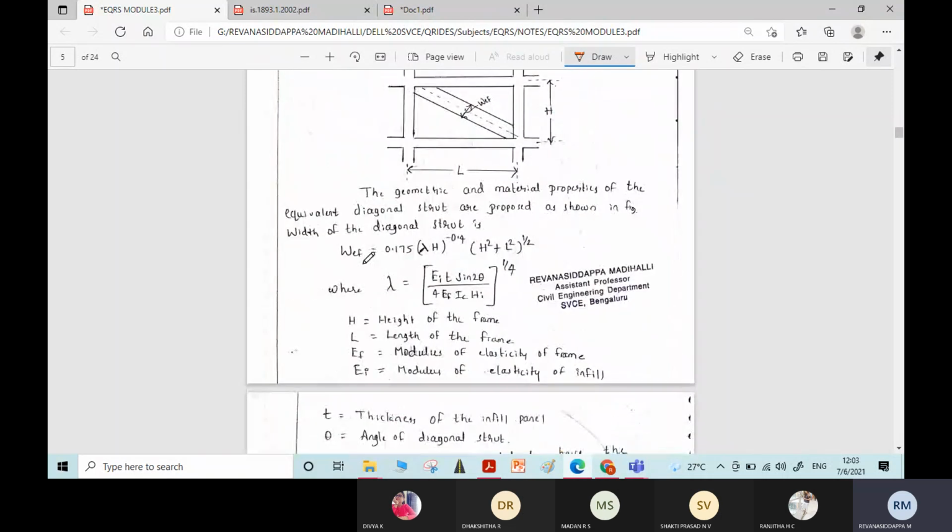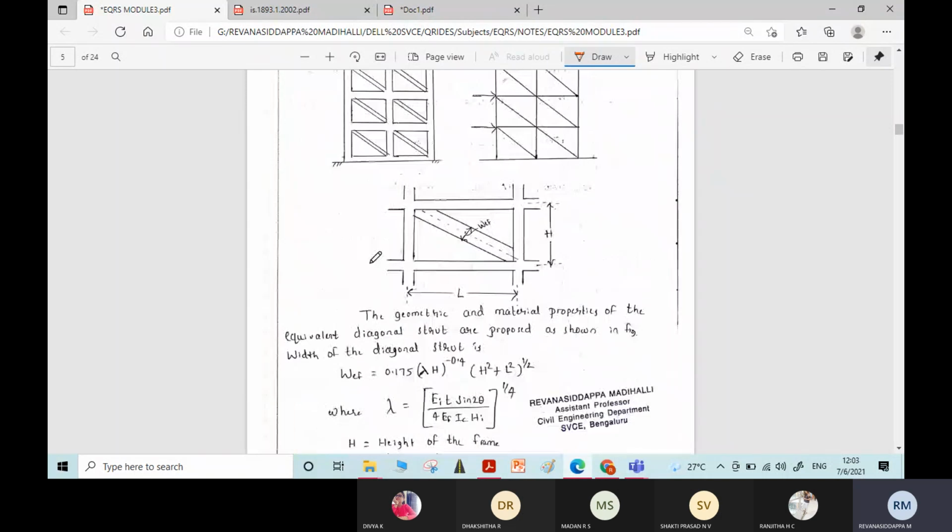The wall which we have provided, of certain length, height and thickness, will be converted into an equivalent strut. In the figure you can see it is converted into an equivalent strut having a width of W_ef, W effective.